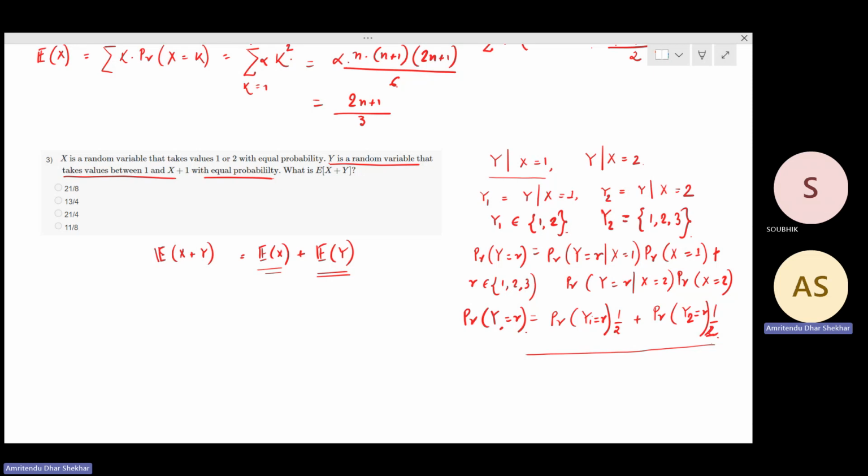I'm not doing the explicit calculation; you can figure out the computation yourself. You just need to substitute the values, and it comes out to be equal to 13/4.